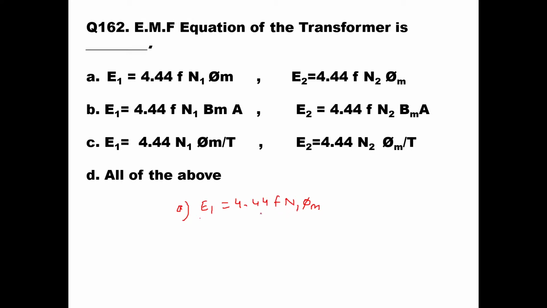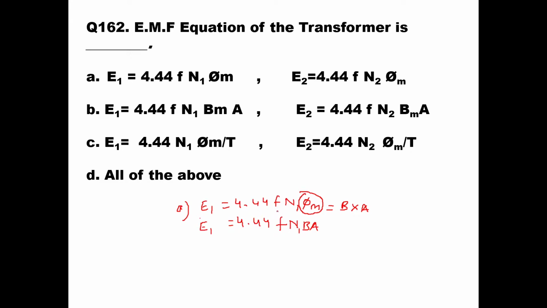Now, if you convert phi m, that is the maximum flux, into magnetic field strength into area, B into A, then you will get E1 as 4.44 f N1 B into A. That is what is shown in equation 2.